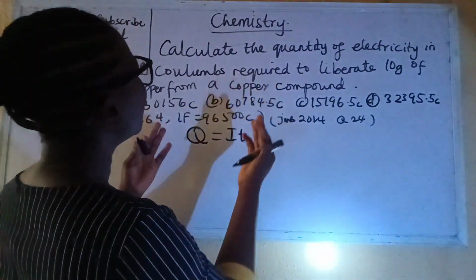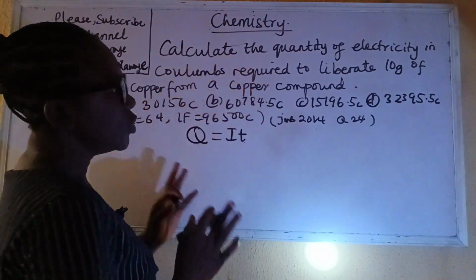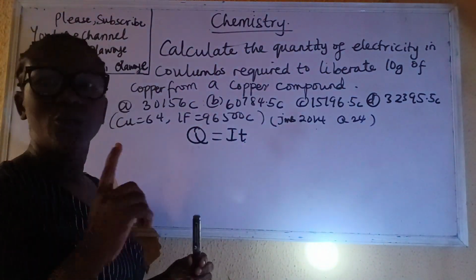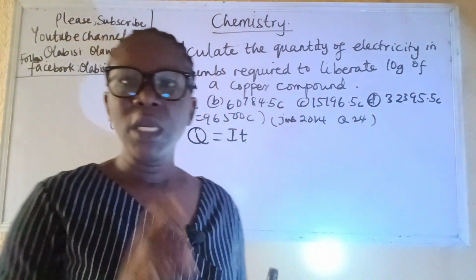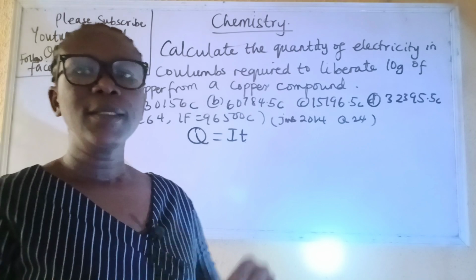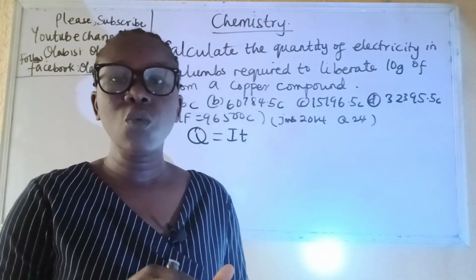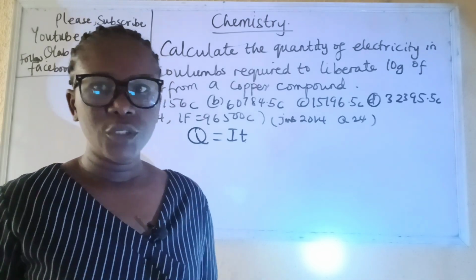Now, let's look at the question. Is anything like current and time in the question? No. But we were asked to calculate the quantity of electricity required to liberate 10 grams of copper. And in electrolysis, it requires a certain quantity of electricity for an element to be discharged.